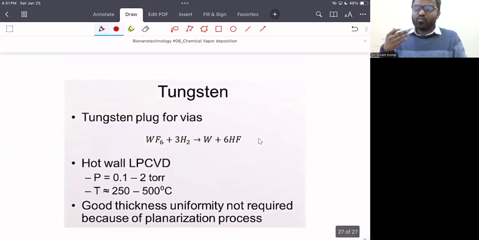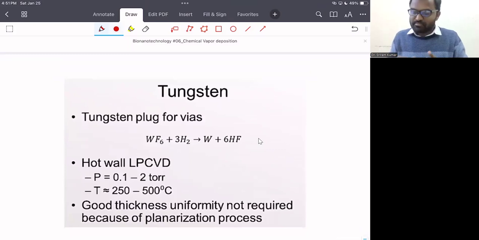And if you want to deposit metal, for example tungsten, for that you need to take halide of that tungsten and put the hydrogen gas in the carrier gas, and you will get this pure tungsten coating on this material.